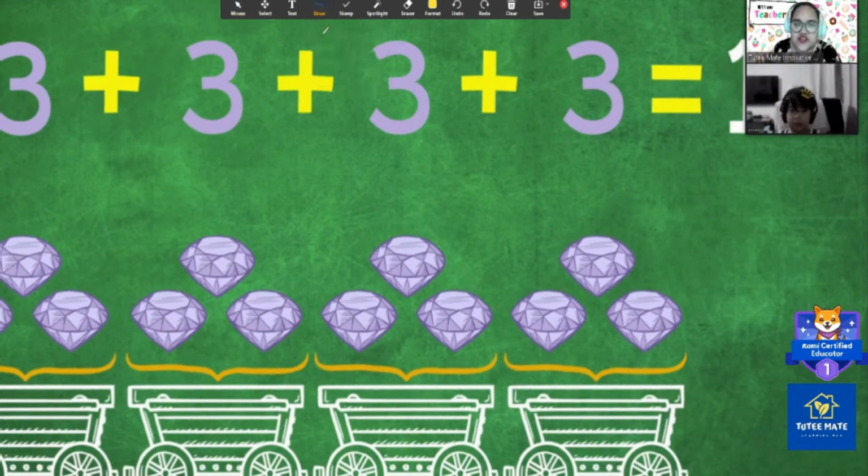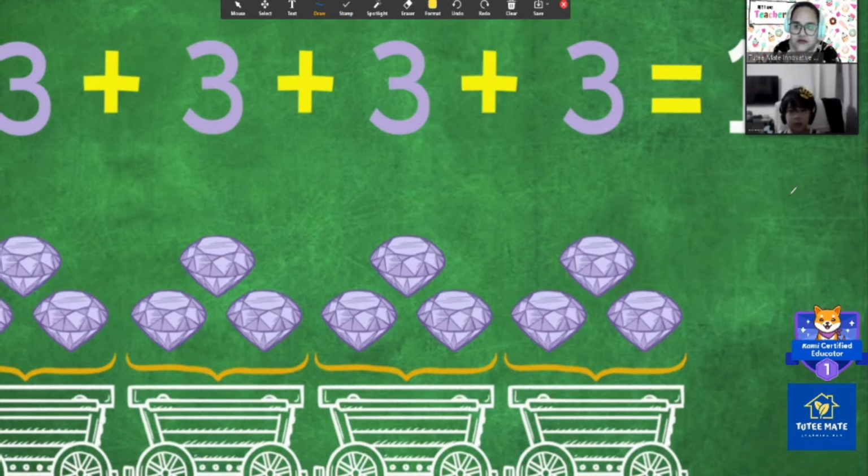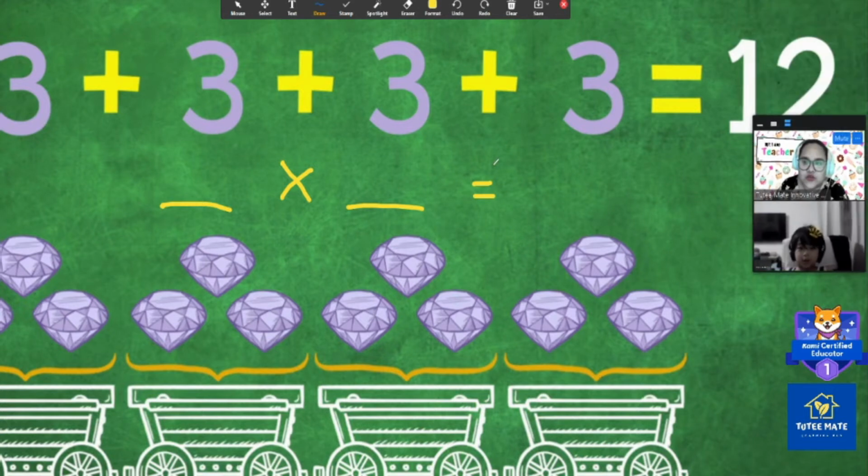Okay, what is the multiplication for this? How do you represent it through multiplication? Blank times blank is equal to 12. 4 times 3.